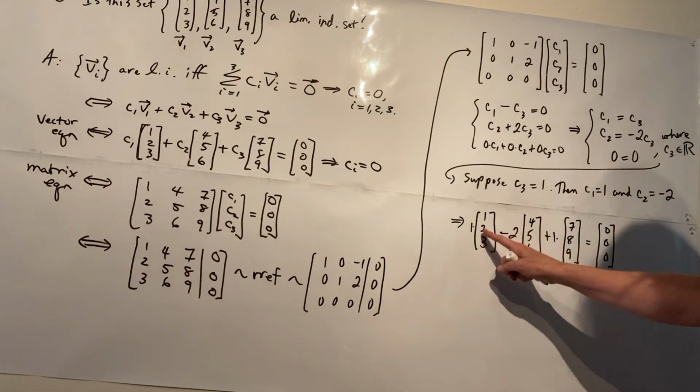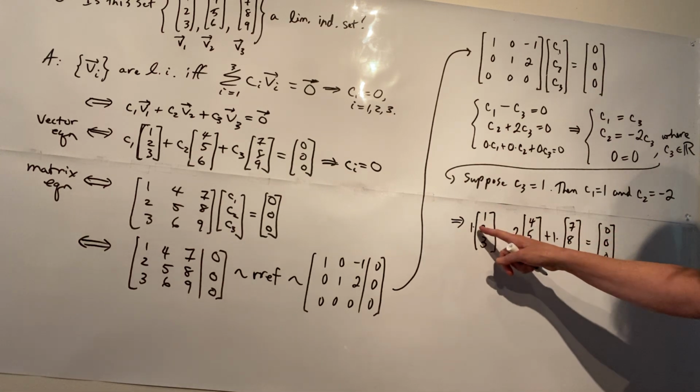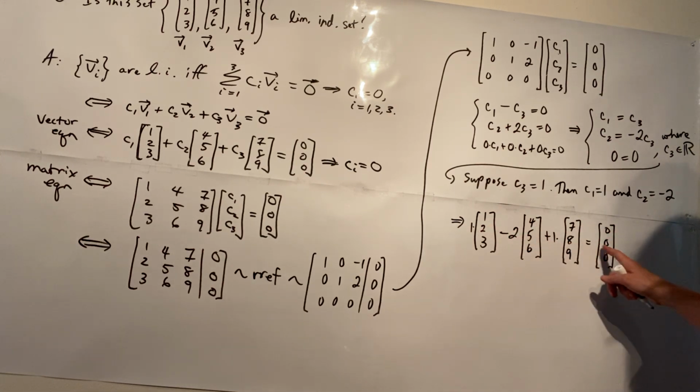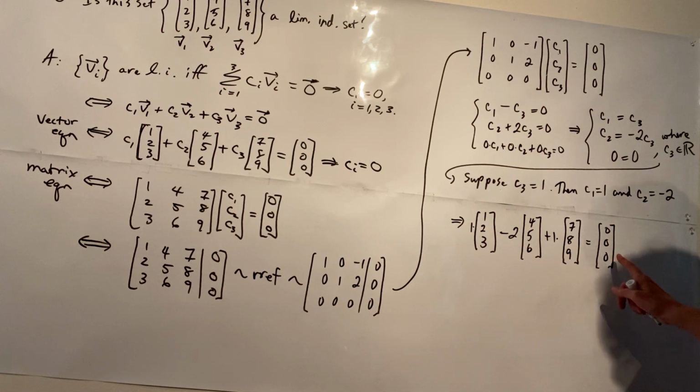Verify for yourself that's true, right? 1 minus 8 plus 7, that's 0. 2 minus 10 plus 8, that's 0. 3 minus 12 plus 9, you can add up to 0.